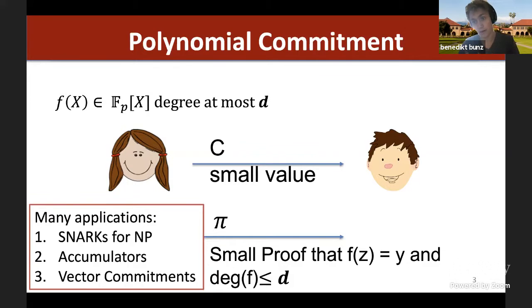So whatever cryptographic or efficiency properties your polynomial commitment has, these are almost directly going to be the properties of your SNARK for NP. You can also use polynomial commitments to build accumulators and vector commitments, so they're a very useful tool.